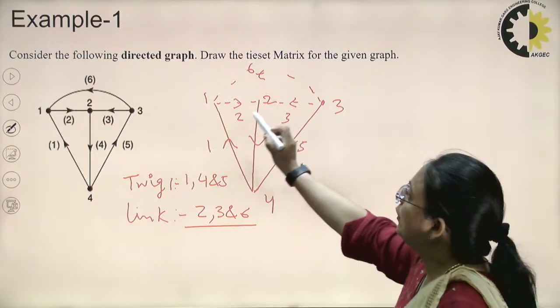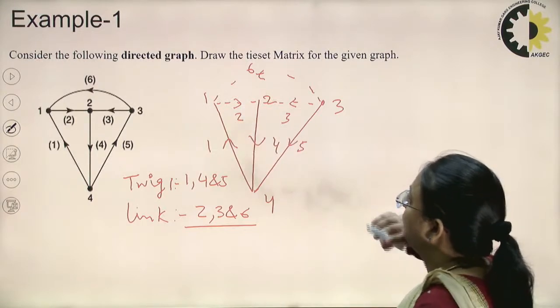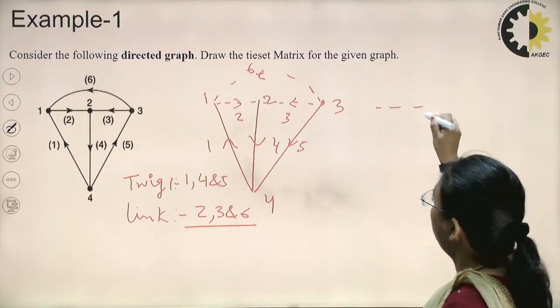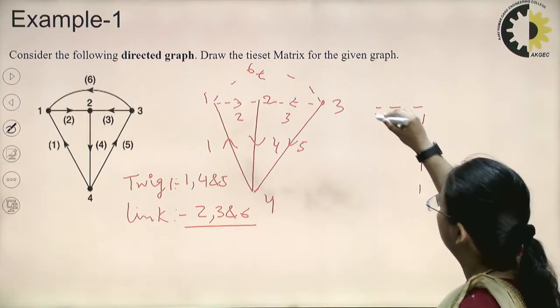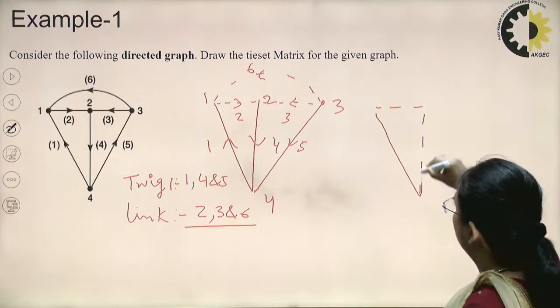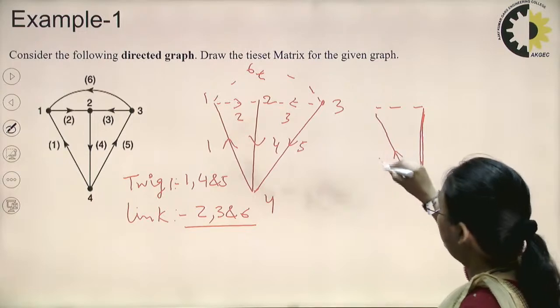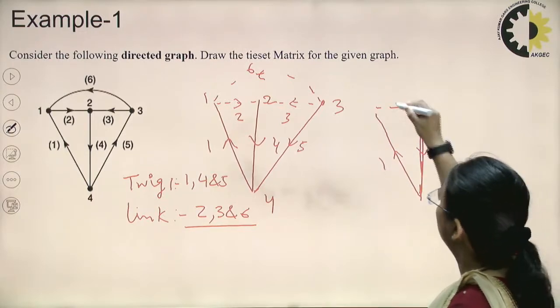For link number 2, I have taken 2 twigs, 1 and 4, along with the link 2.